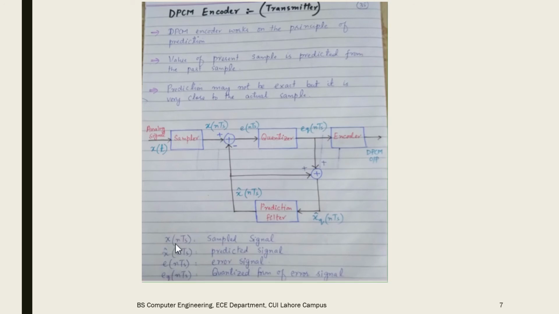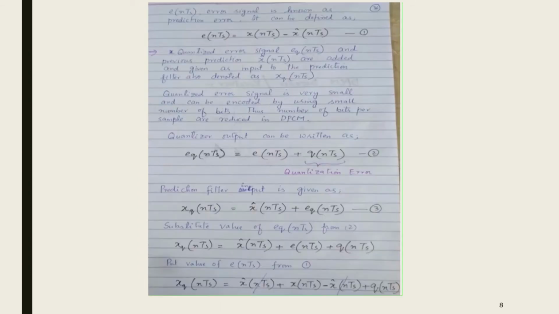So here x of nTs is the sampled signal, x bar of nTs is the predicted signal coming from the prediction filter, e of nTs is the error signal, which is the difference between the sampled signal and the predicted signal, and eq of nTs is the quantized form of the error signal.